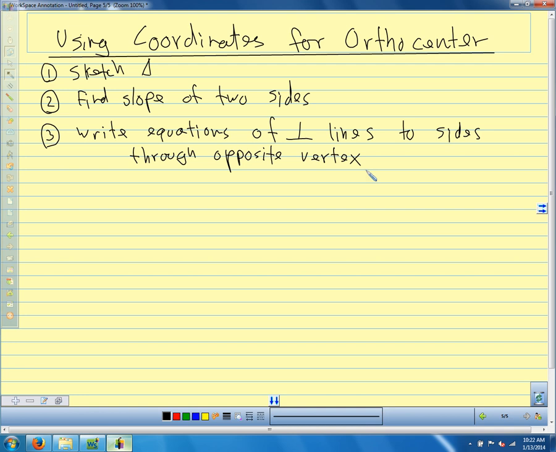So we're writing the perpendicular line: we find the slope of the sides, then we do the opposite reciprocal, the negative reciprocal. And because we go through the vertex, we're going to use point slope form, in parentheses, point slope.